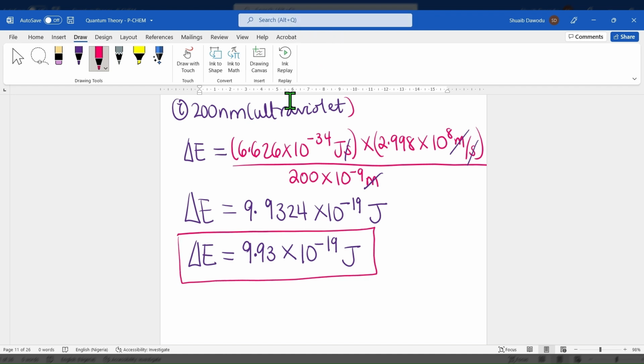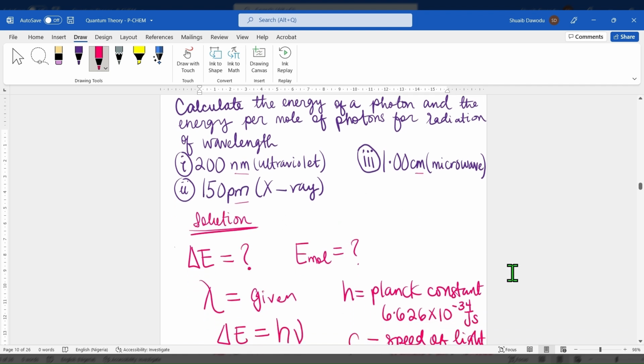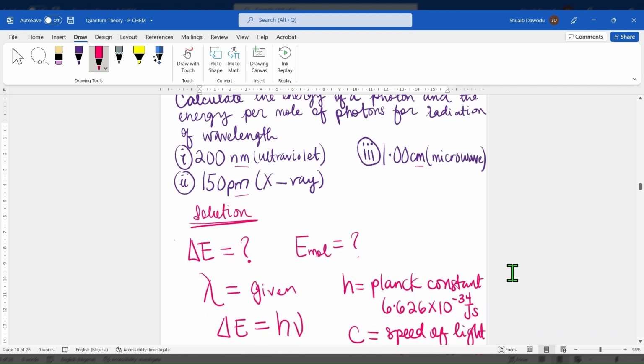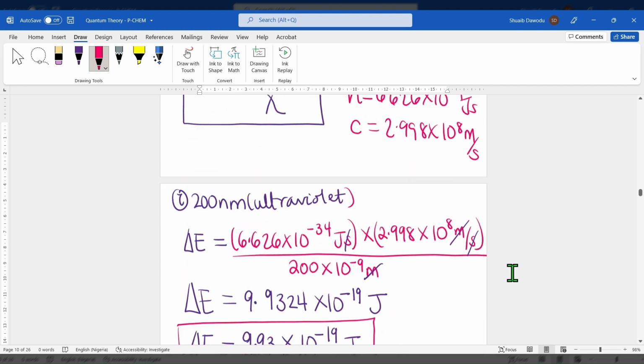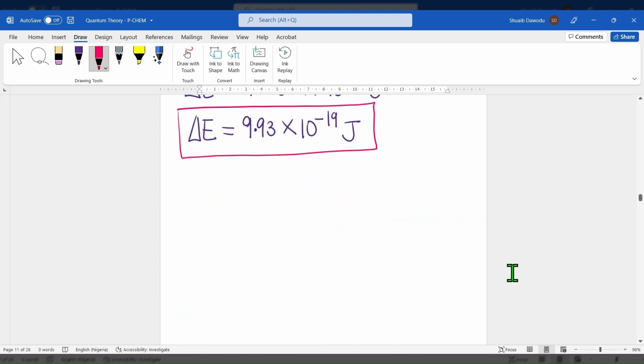Now, remember, the question did not just ask us to solve for the energy of photon, we're also asked to solve the energy per mole of photons. It's very important for you to be very particular about what I'm about to teach you now.